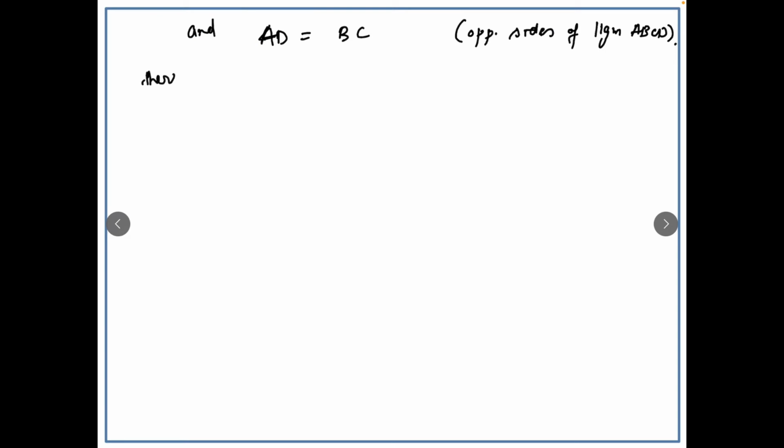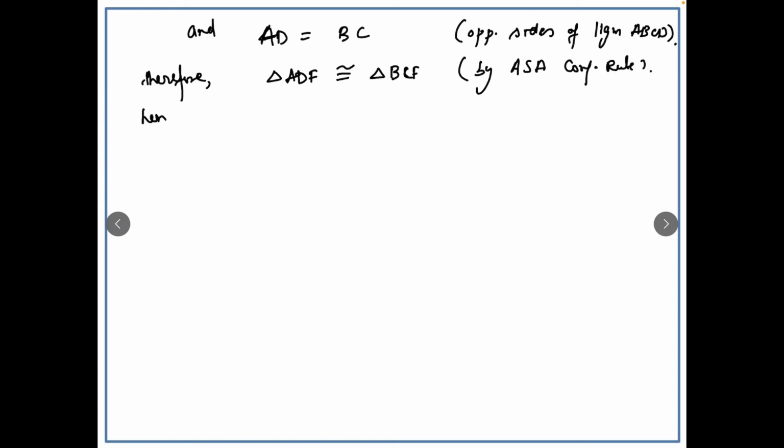So we'll write, therefore triangle ADE is congruent to triangle BCF. This is by the angle side angle congruence rule.